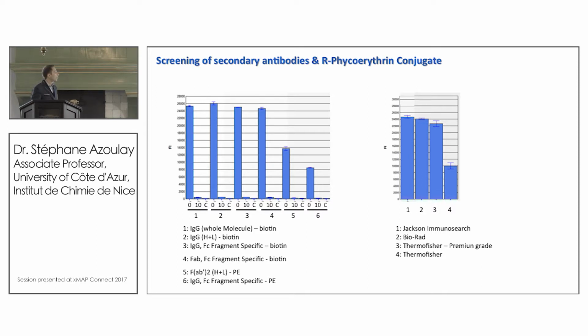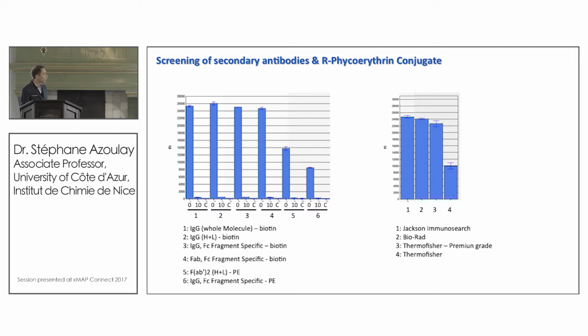At the initial stage, we used an entire immunoglobulin which detects the whole rabbit molecule. We tried to find other immunoglobulin which will detect only H and L chain or only Fc fragment specific.